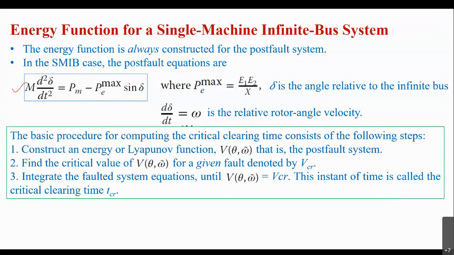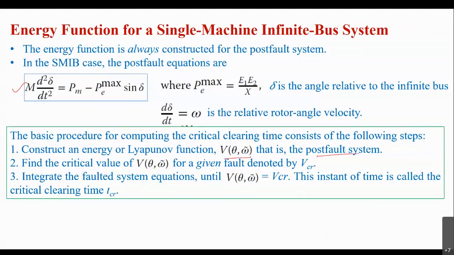So the basic procedure, already we know, when we are finding the critical clearing time: first we need to construct the energy function or Lyapunov function, that is V theta omega tilde, for the post-fault system.